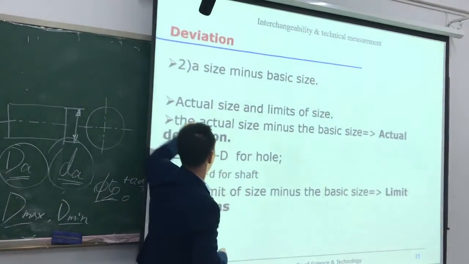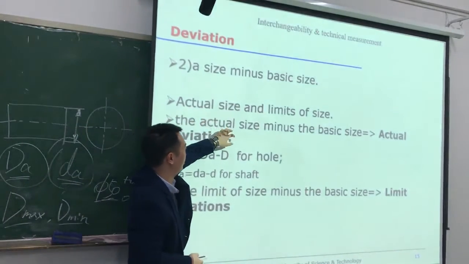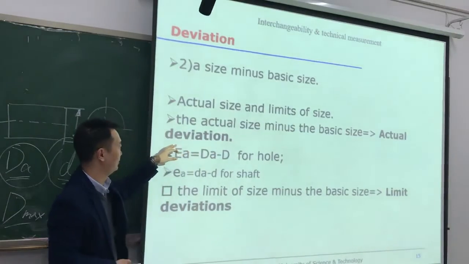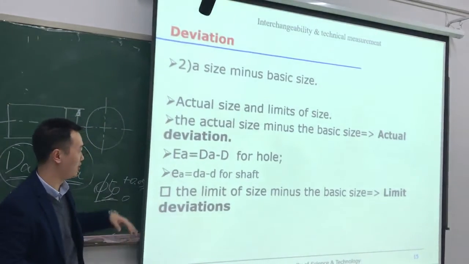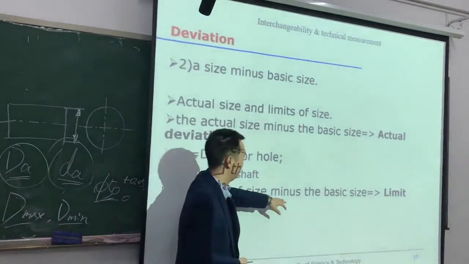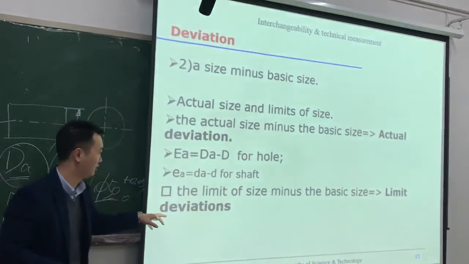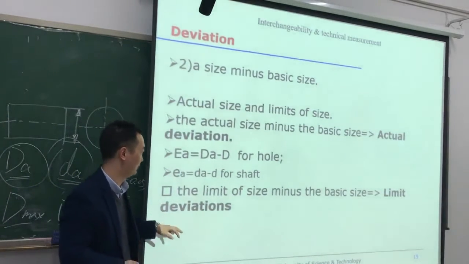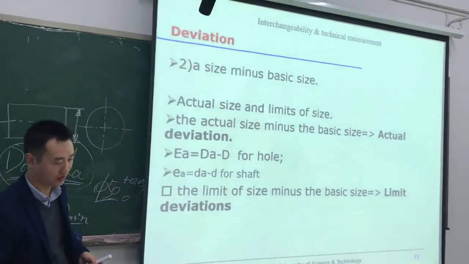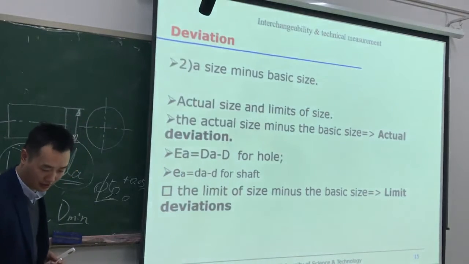First, we use the actual size to minus the basic size to get the actual deviation, and then we use the limit of the size to minus the basic size to get the limit deviations. So here we introduce the new symbols, E a.